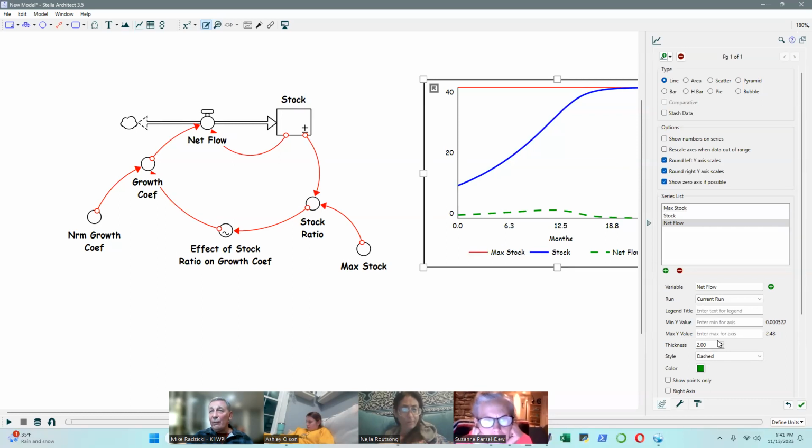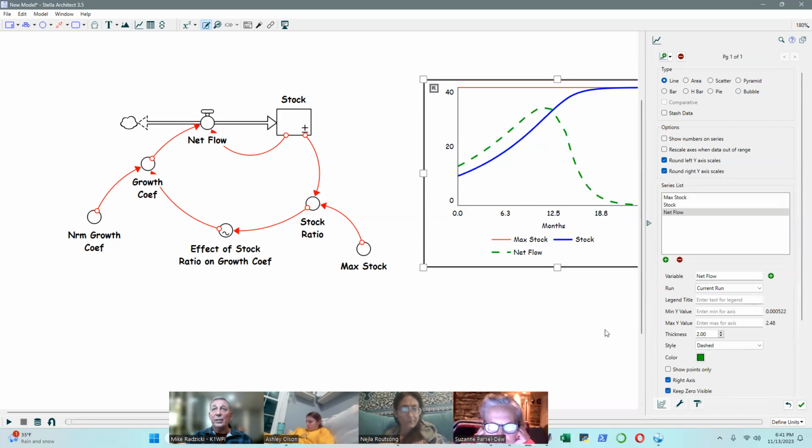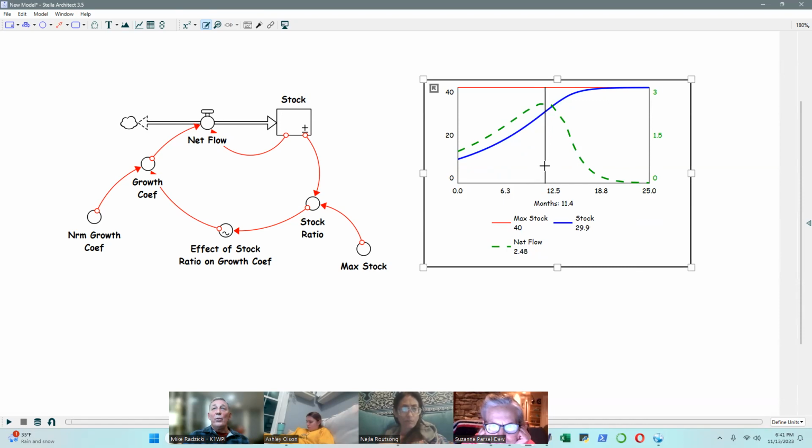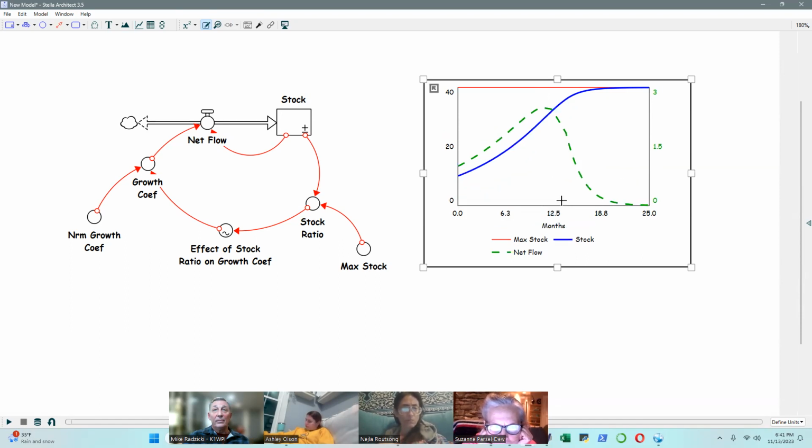And I want to put the net flow on the right axis. Okay. So you can see where the net flow peaks. That's where the shift in feedback loop dominance from the positive loop to the negative loop occurs, where it's at a maximum.